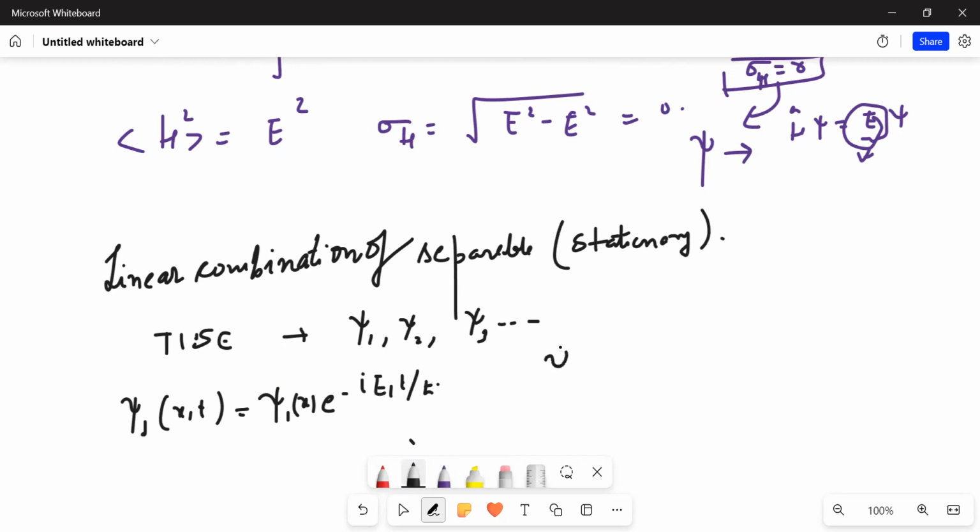In totality, because the Schrödinger equation is linear, if ψ₁ is a solution and ψ₂ is a solution, then any linear combination of ψ₁ and ψ₂ is also a solution.